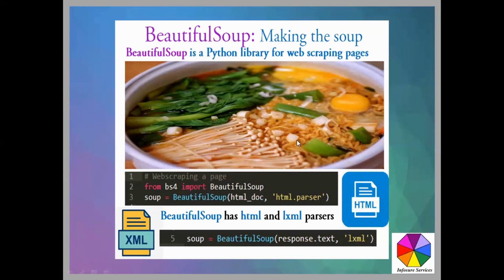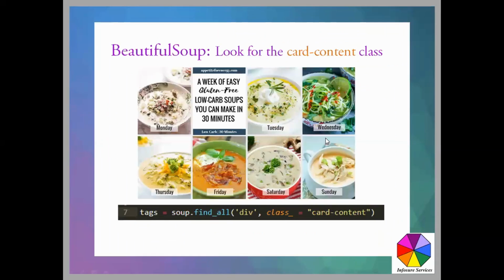It's got various ingredients. What we're going to do is look for the card content class. Now here is another page which has Monday, Tuesday, Wednesday, Thursday, Friday. It's a page suggesting various low carb soups, gluten-free low carb soup, each of which is one card.